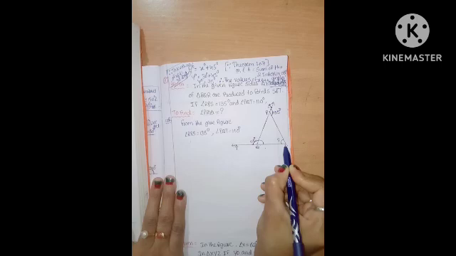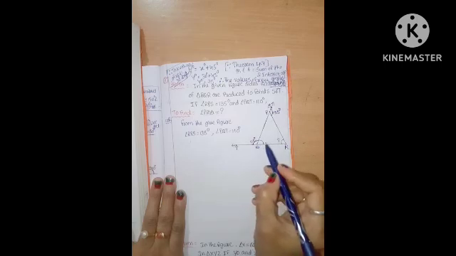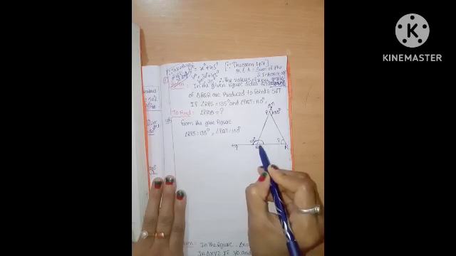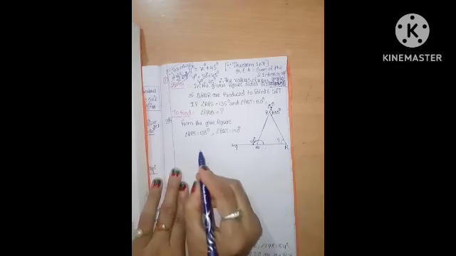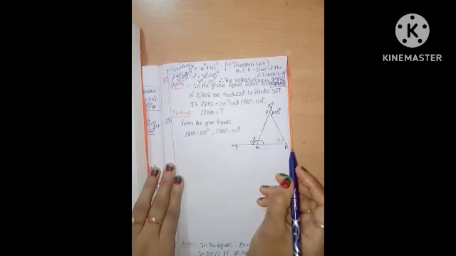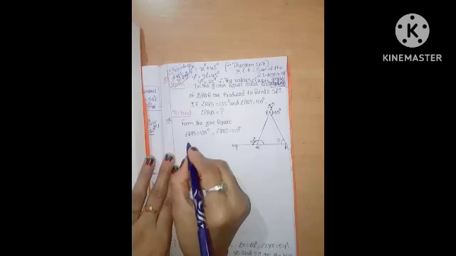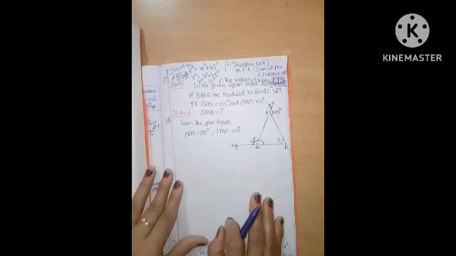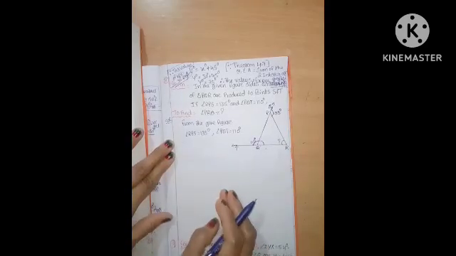So first, how to calculate the angle Q. These two are linear pairs, so the sum of these two is equal to 180 degrees. Why? Because these two are linear pairs. Later I will explain the other way also.